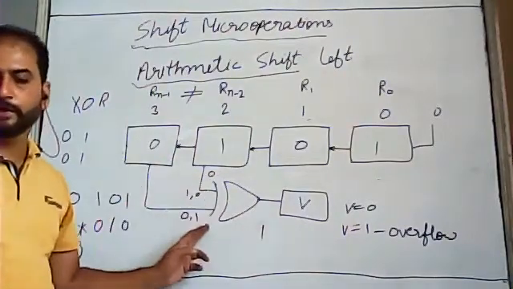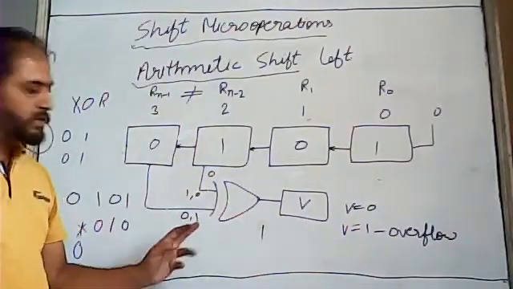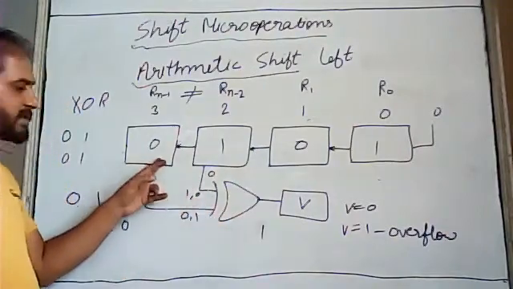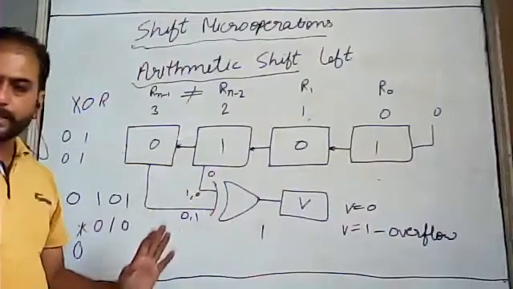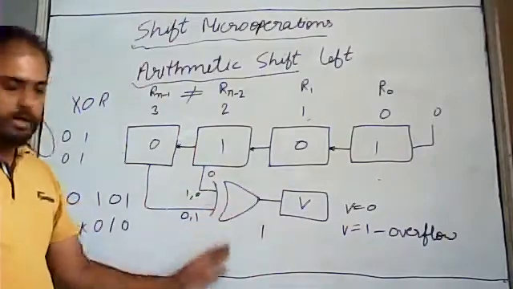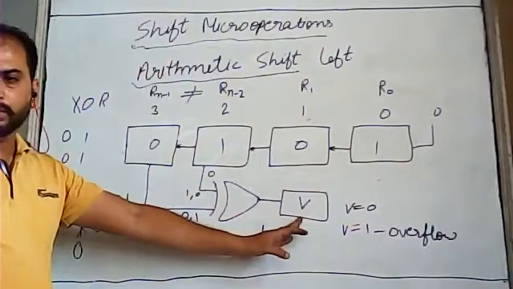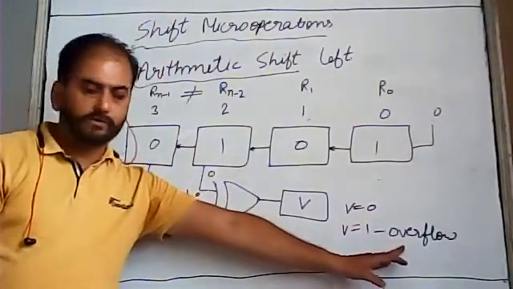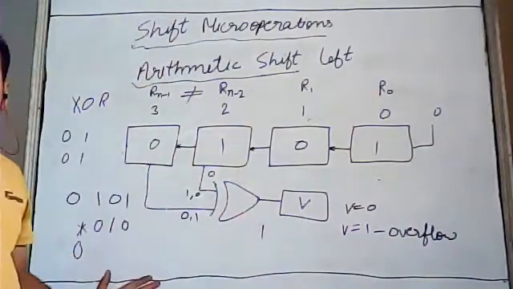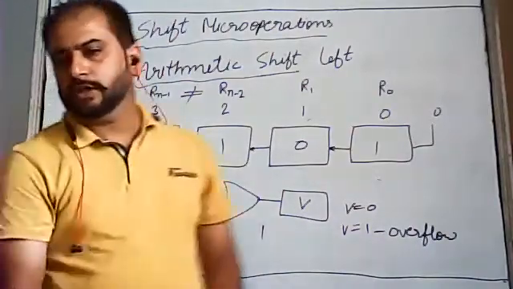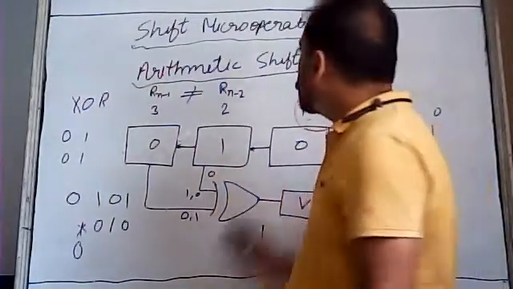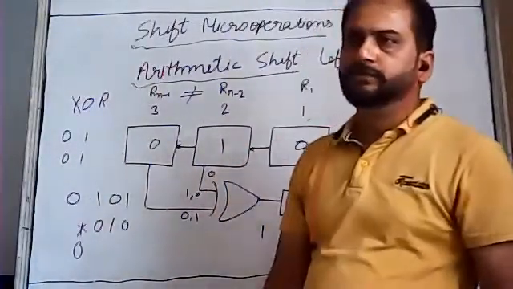The number was firstly positive and after performing the operation it is negative, so the XOR gives 1 and V is set to 1. So if V is equal to 1, then there is overflow. If there is overflow, we need sign reversal: we change the sign of the number back to the original sign. So this is all about arithmetic shift left.